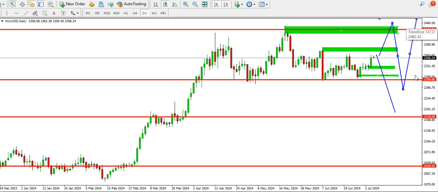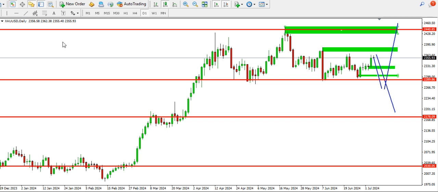Another scenario is we might see price dropping to clear all the buyer stop losses. I see price dropping to this point to clear all the stop losses at this level, and then we might see price also shooting up to clear all the seller stop losses at this level.